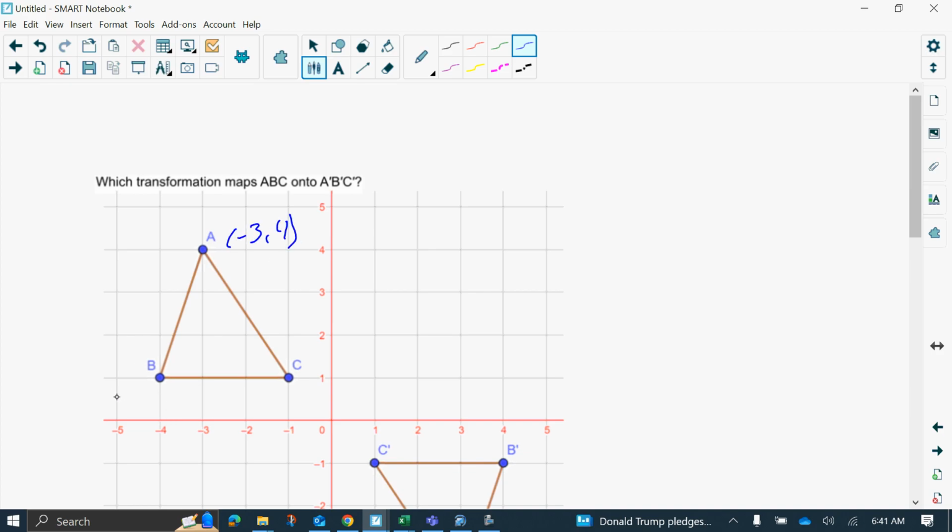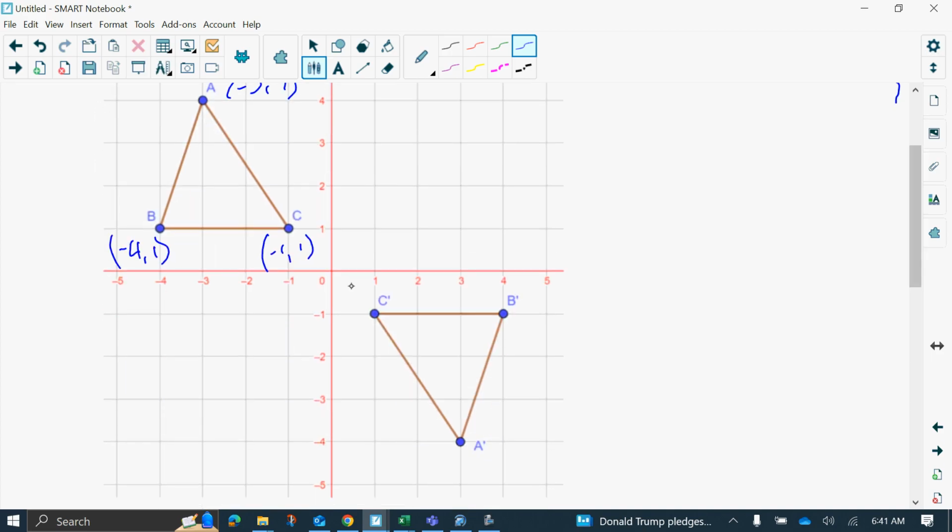Negative 4, 1. And negative 1, 1. 1, negative 1. 4, negative 1. And 3, negative 4.